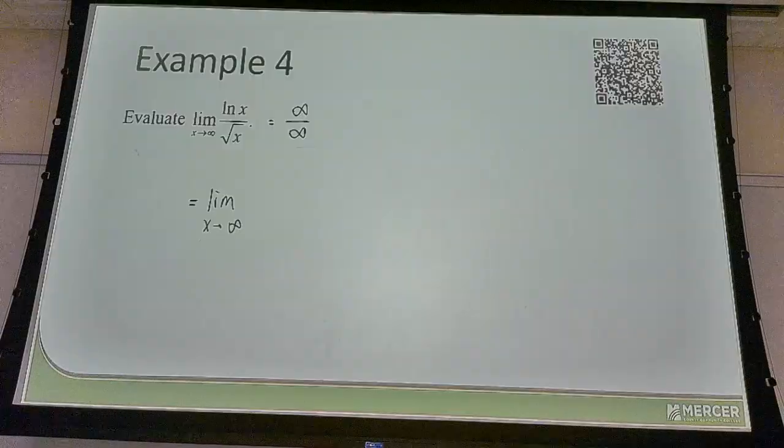Before even doing L'Hopital's, what should this limit be? You should be able to tell just by looking at it. Which one grows faster? That's the square root, so it goes to 0. Yep, this limit should be 0.